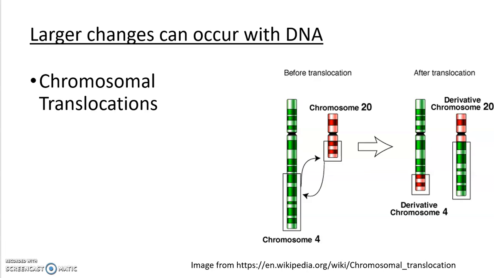Well, in that scenario, now your cell is going to constantly be making a protein that tells the cell go ahead and divide, and that could potentially result in cancer, and that is what they do see with some of these chromosome translocations that are out there.